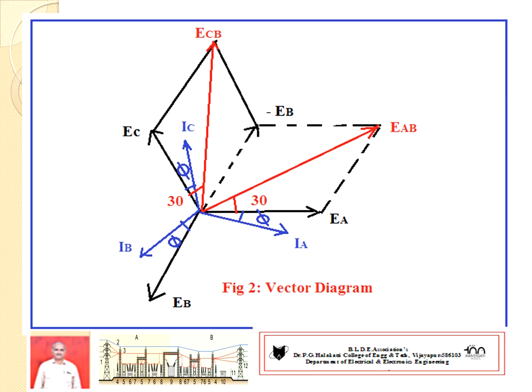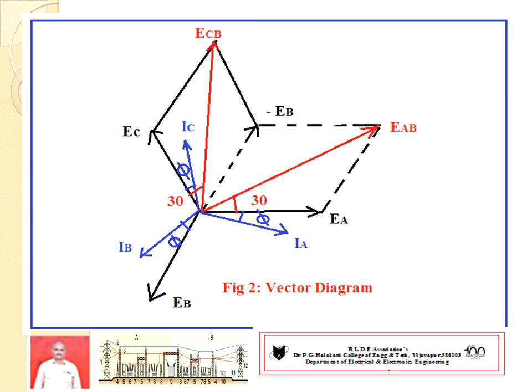So from the EB point you construct a parallel line to EA. From the EA point construct a parallel line to EB. Complete this where these 2 points meet, a parallelogram. So you draw a line that gives the line voltage EAB from the origin.